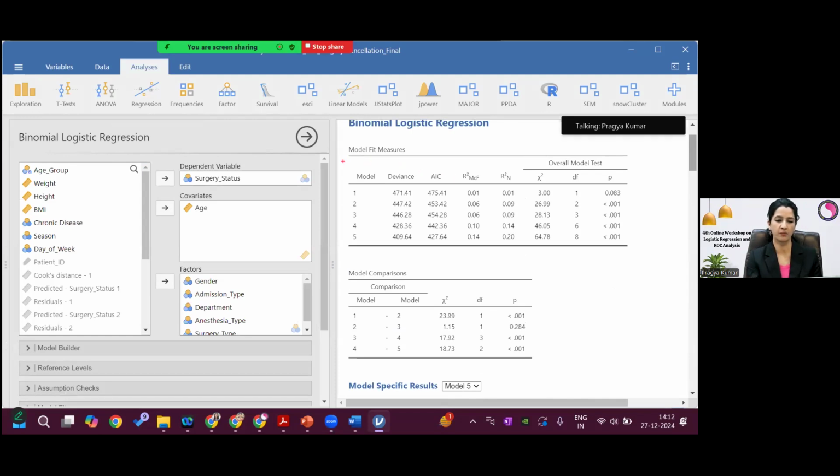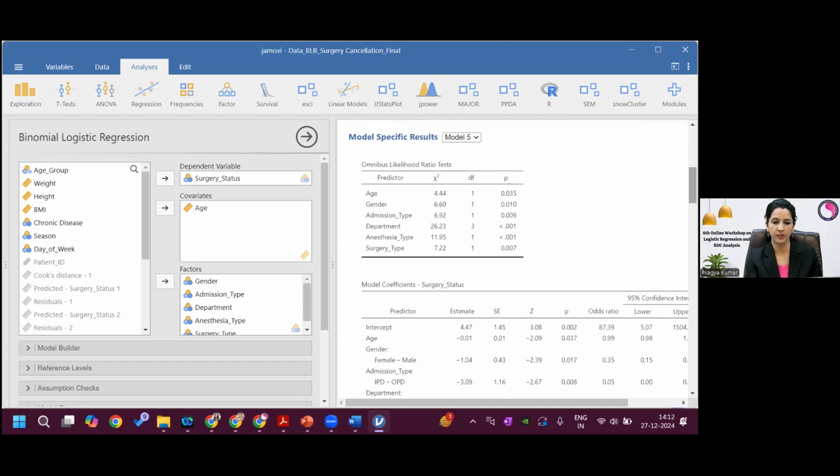Venkatesh also asked how we can see the different models. Here you can see there is a drop down for the model-specific results, models 1, 2, 3, 4, 5. If you keep on clicking, you will get the result of the specific model.